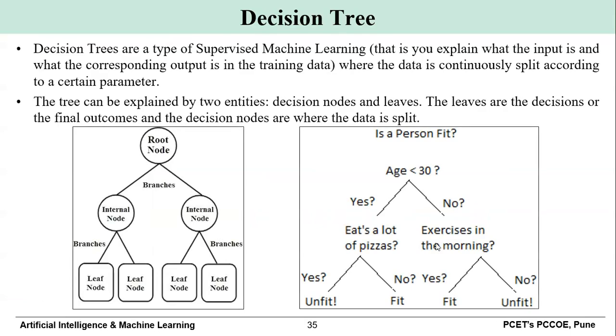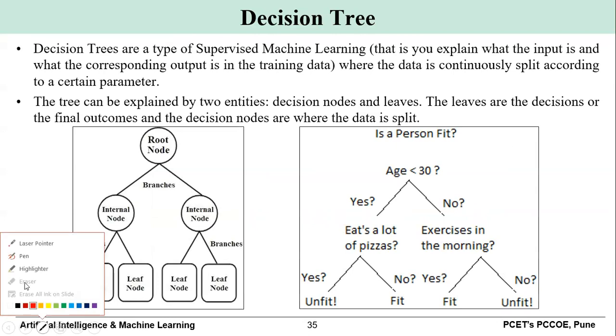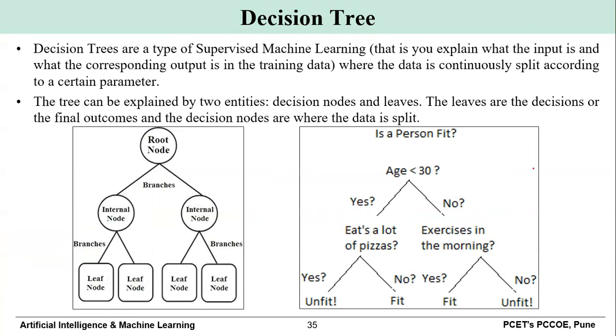Again we will go back to our example and discuss once more. Here we discussed how this tree is constructed based on many data points, and for those data points we split the data or created branches. Eating a lot of pizza is one branch, exercise in the morning is another branch.